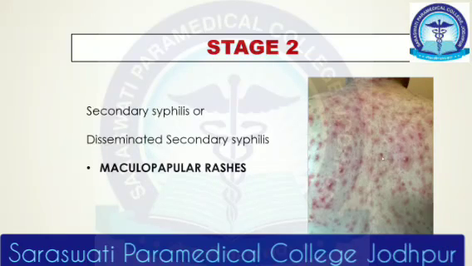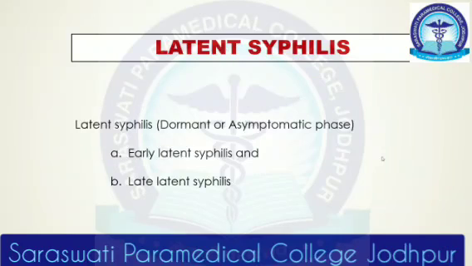There is one more stage called latent syphilis. This is the stage where the disease enters a dormant or asymptomatic phase. Again, latent syphilis can be further divided into early latent syphilis and late latent syphilis.